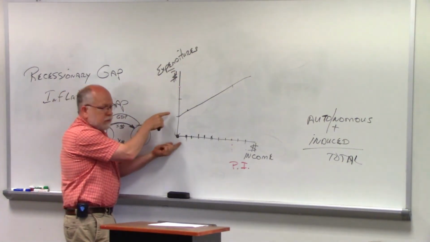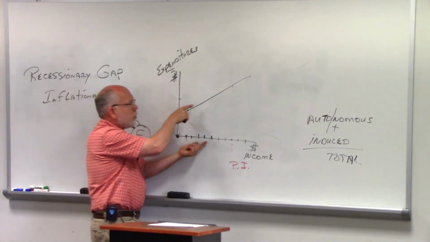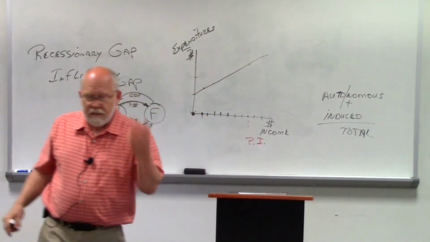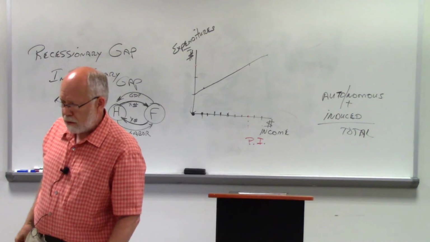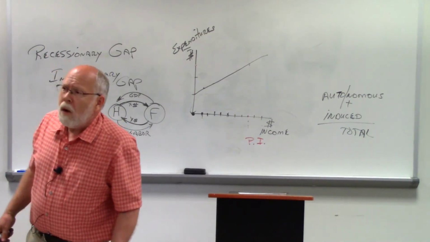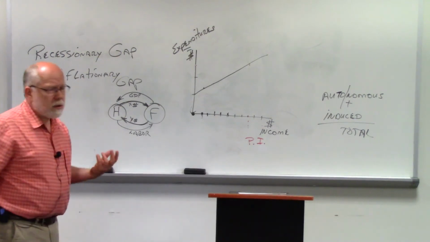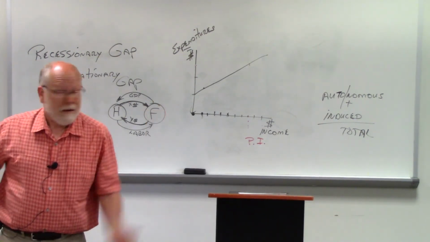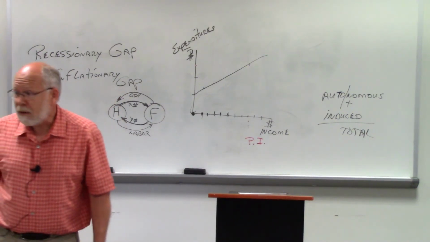It starts here, and as people make more and more income, the total expenditure goes up. Now, who is spending this money? Well, obviously, consumers are spending this money. Is there anybody else in the economy that spends money? Oh, well, yeah, businesses spend money, and the more money businesses make, the more money they spend, right?